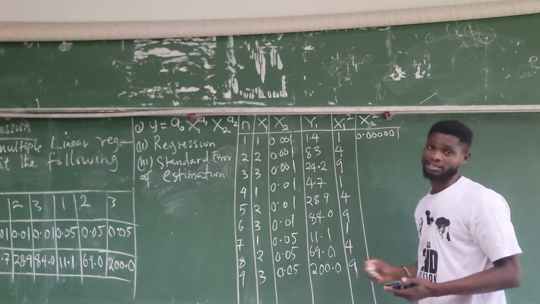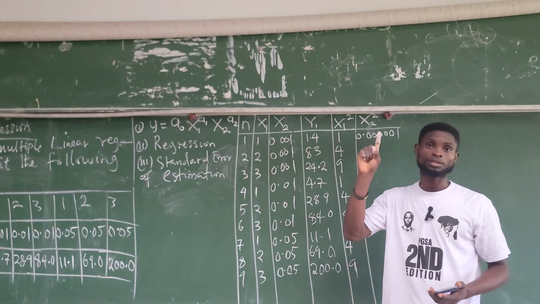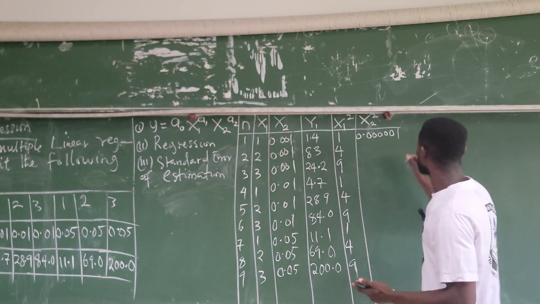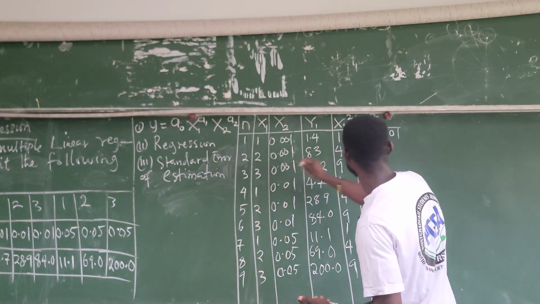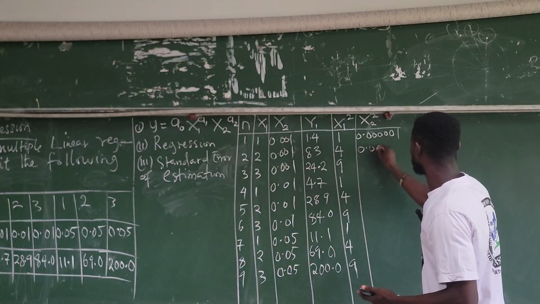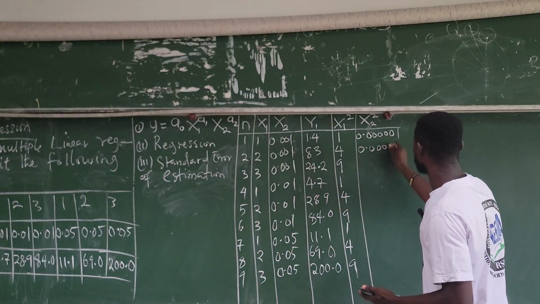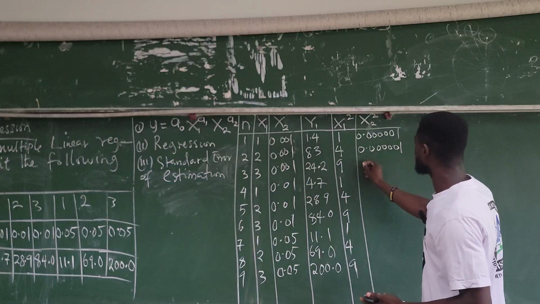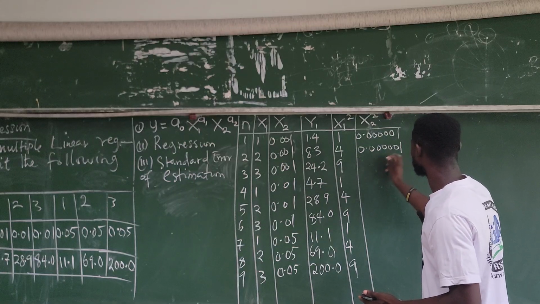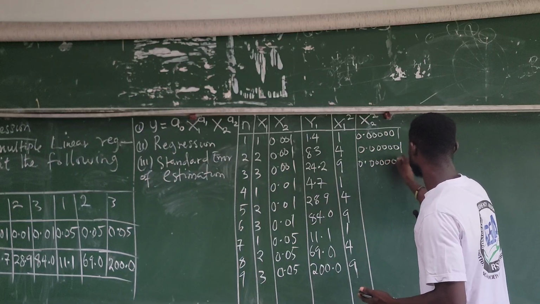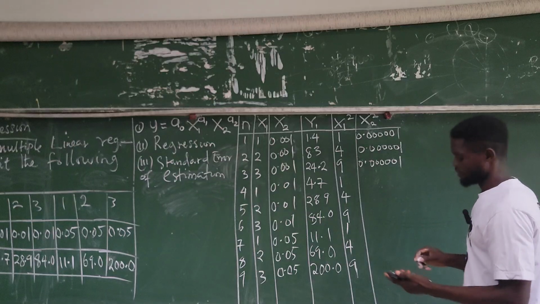You can write this as 1 times 10 raised to the power minus 6, that is correct, but I'm going to use this form. The same thing applies for the next ones, which look alike, so we still have 0.000001.